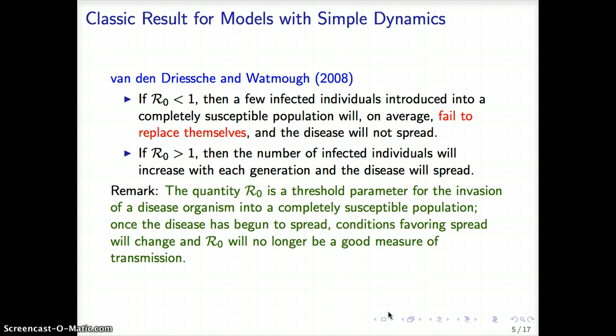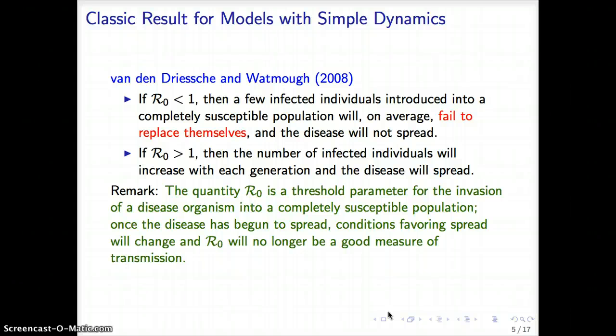So this is a threshold parameter in the context of mathematical models for infectious diseases, but it's important to remark that it applies to the invasion of a disease organism, in the sense of how this pathogen would invade or take over a population that is naive, completely susceptible.